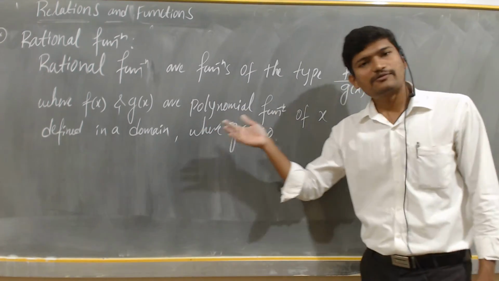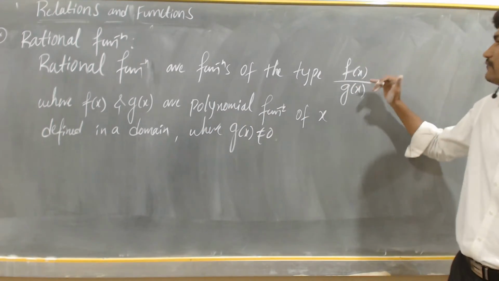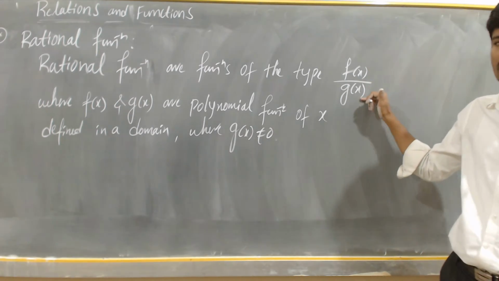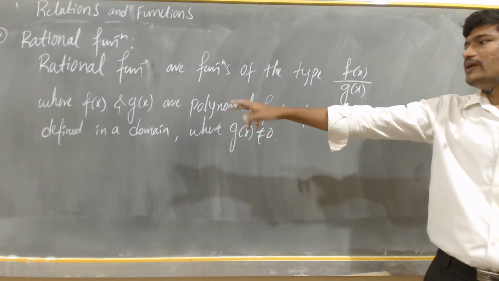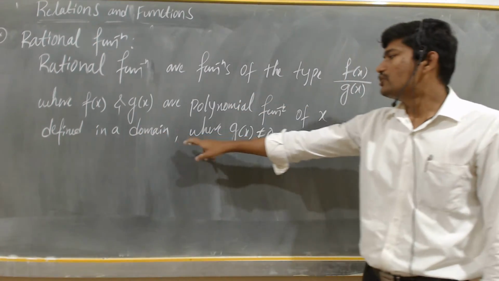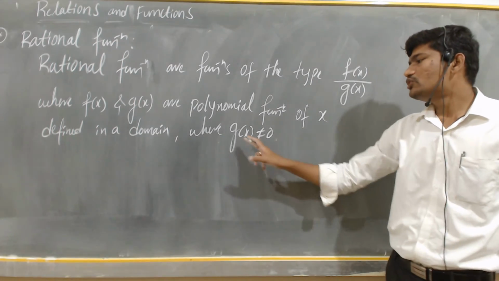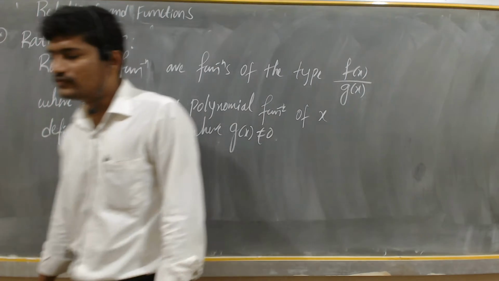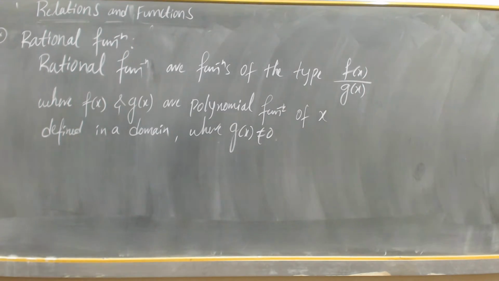It can be expressed in the form of p by q only, but with functions we express f of x divided by g of x, where f and g are polynomial functions of x defined in the domain where g of x is not equal to 0. This is your rational function.